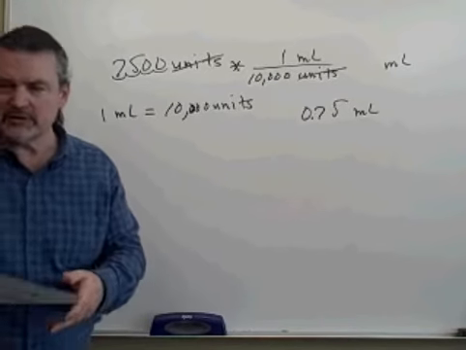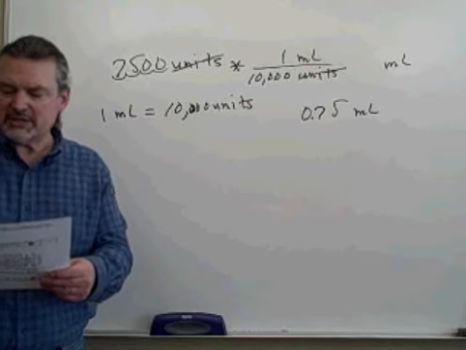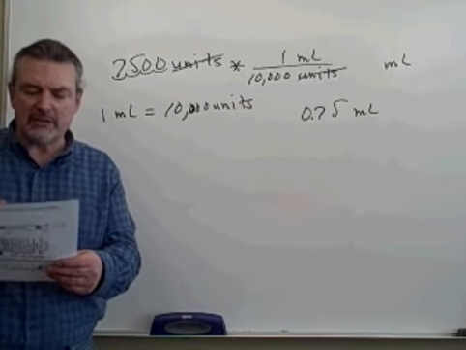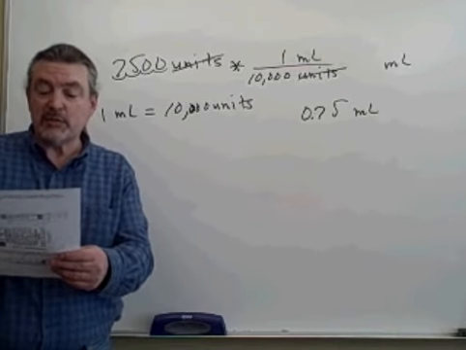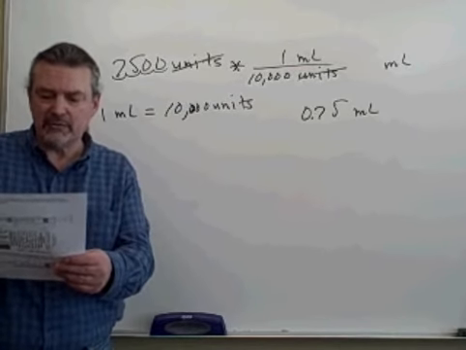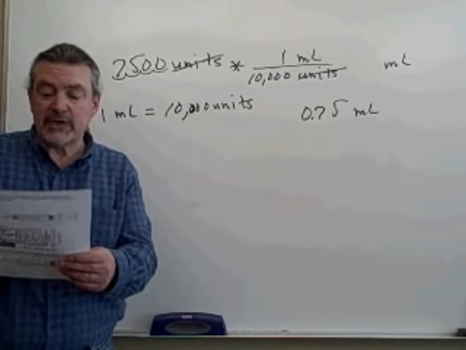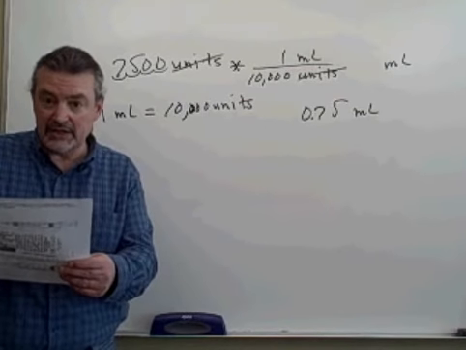So if we look at our syringe, it is a 3 cc syringe. If we're going to draw out 75 hundredths of a milliliter, you can see where you have the 1/2 mark. So that's 0.5. So the next mark to the right is 0.6, 0.7, 0.8, 0.9, 1.